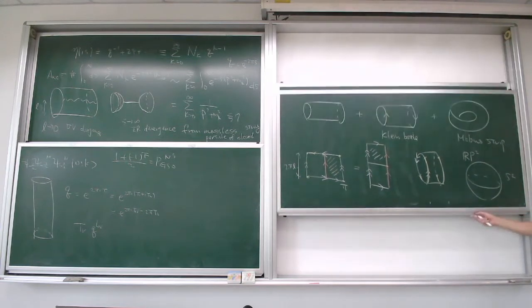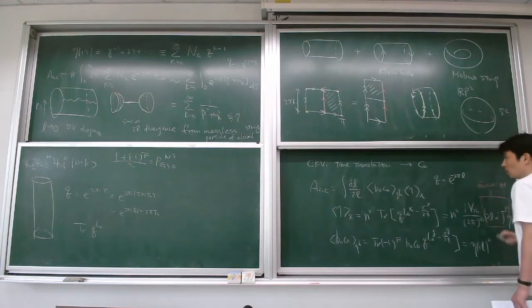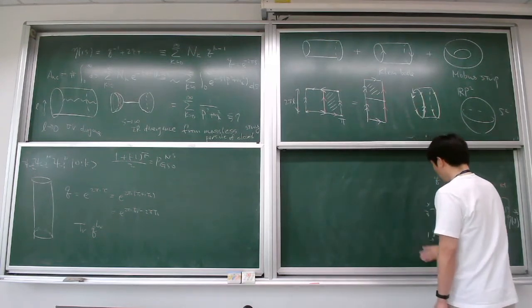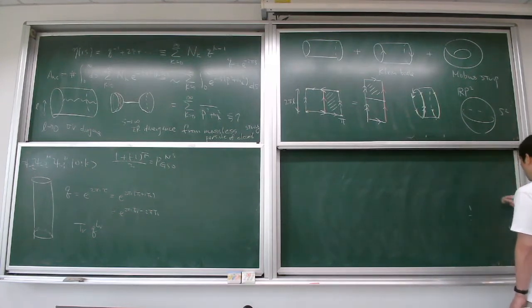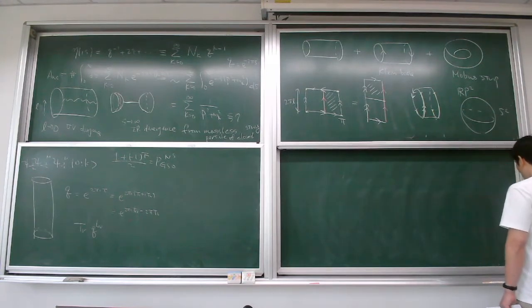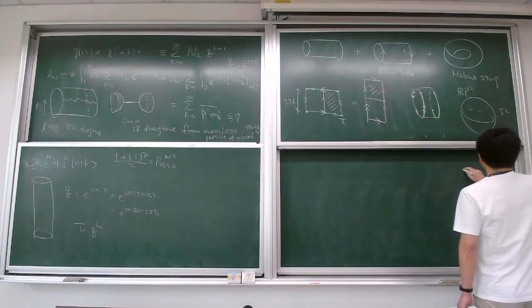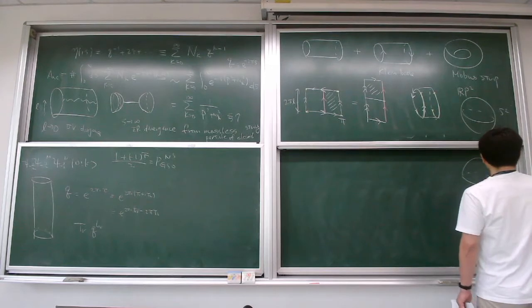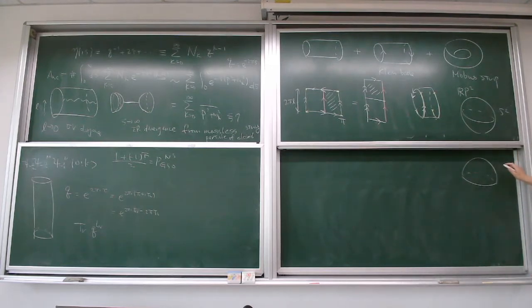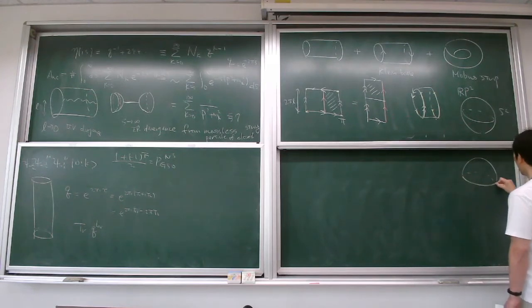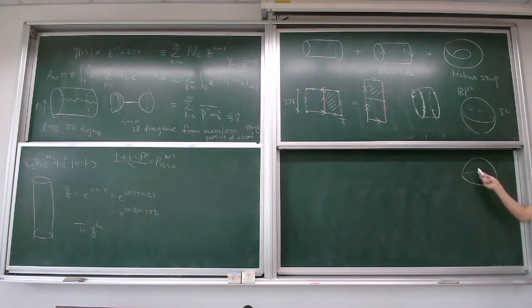At the end of the day, you can write down RP2 as follows. You have a disk in the northern hemisphere, but at the equator you have the circle here, and you need to identify the opposite side in the equator.